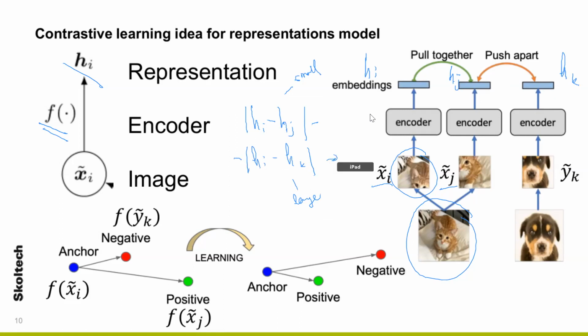So we should minimize the sum over all triplets of images with respect to the parameters of the encoder, because each h_i or h_j is the result of applying the deep encoder model to our data with some parameters.